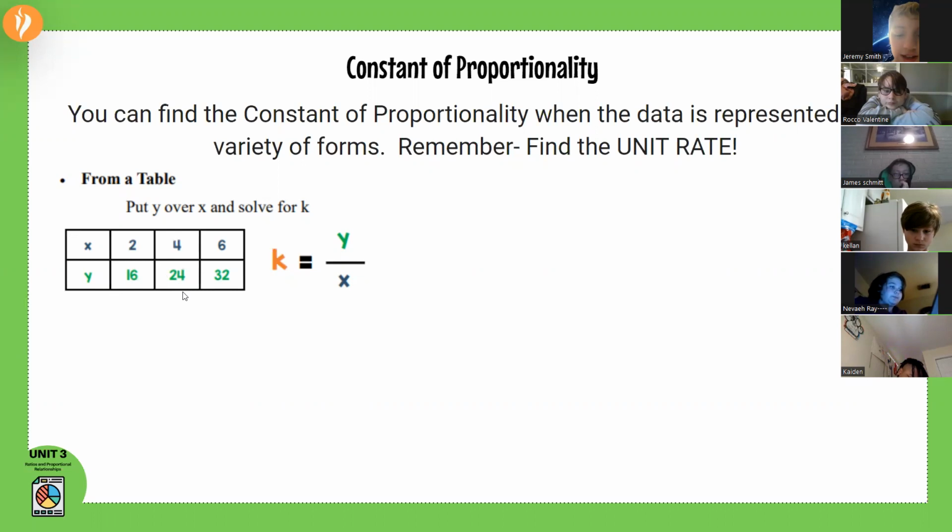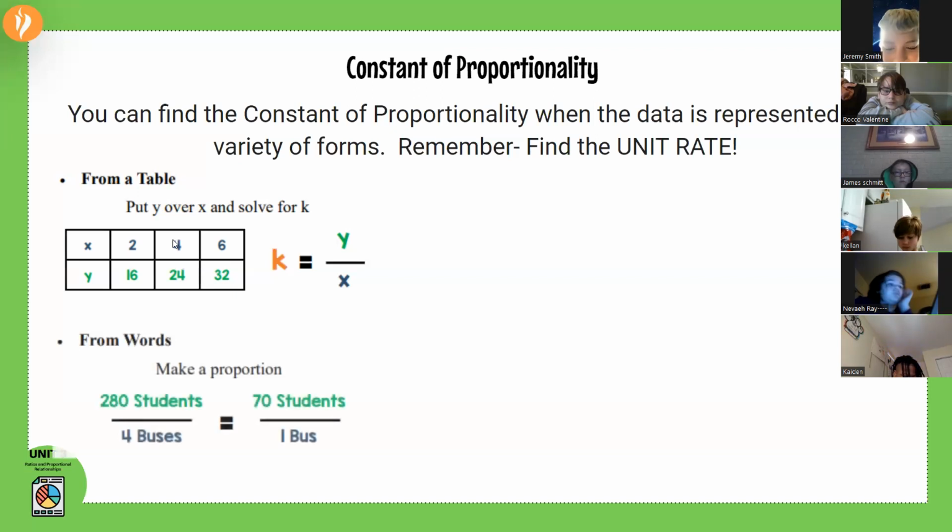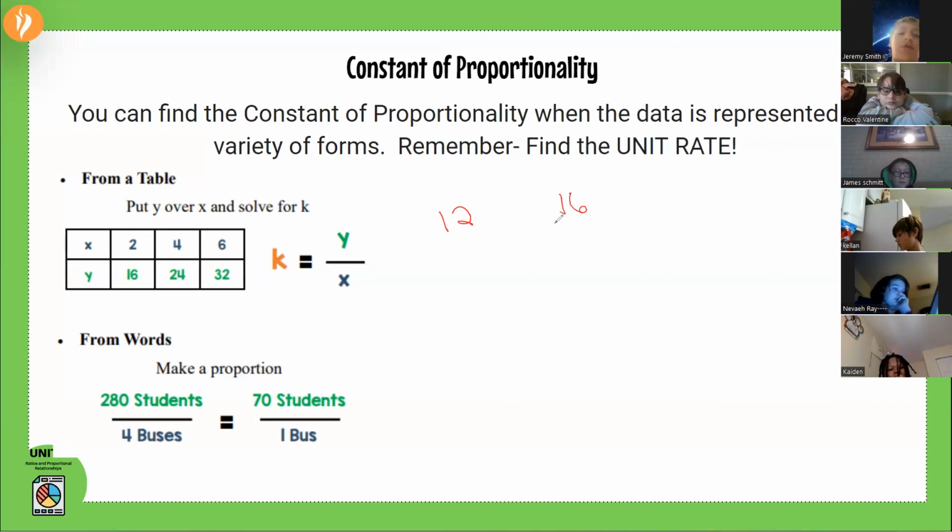24 divided by 4. 24 divided by 4 is not... Oh, this one isn't proportional. Oh my goodness. I didn't even do it in my head before I did that. This does not represent a proportional relationship because 16 divided by 2 is 8. I looked at it too quick, you guys. 24 divided by 4 is not 8, it is 6, right?